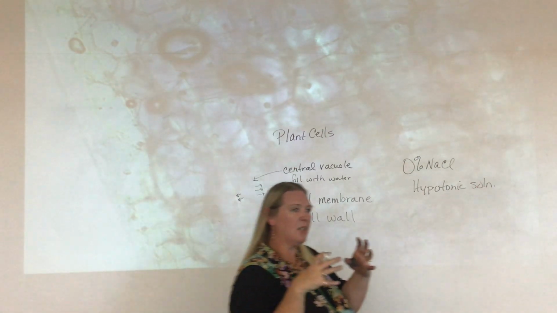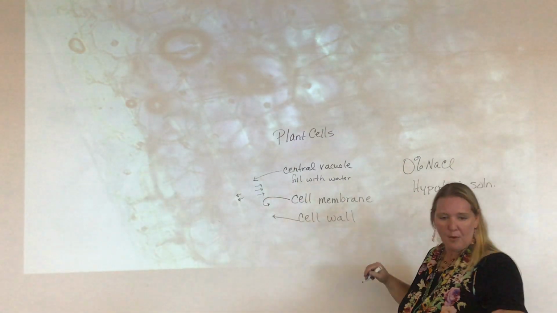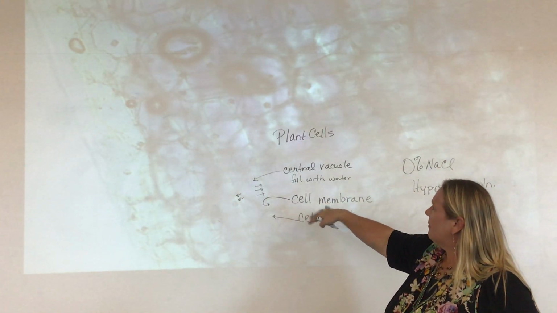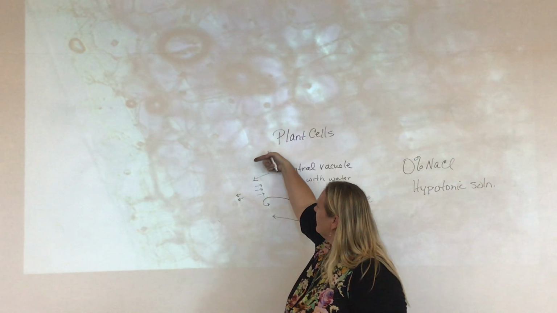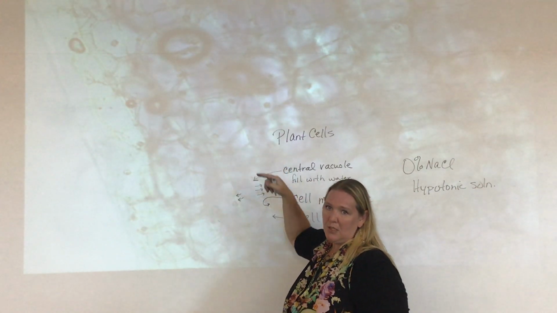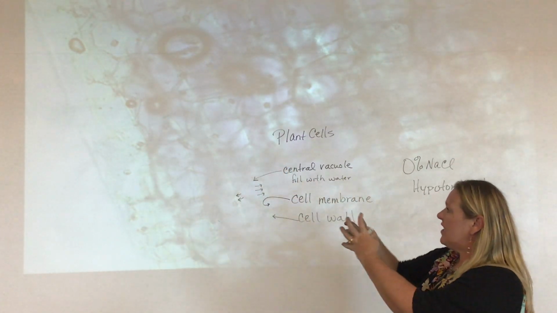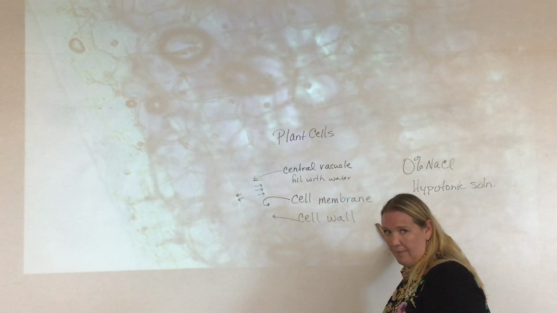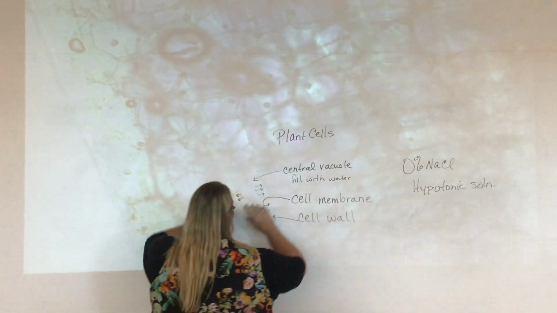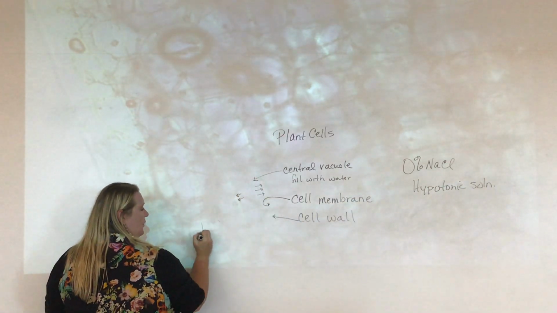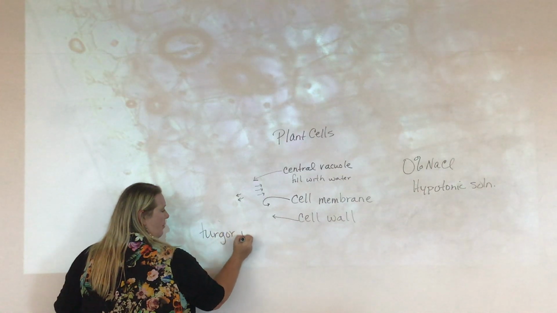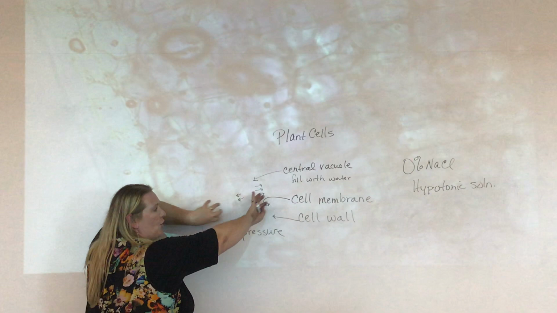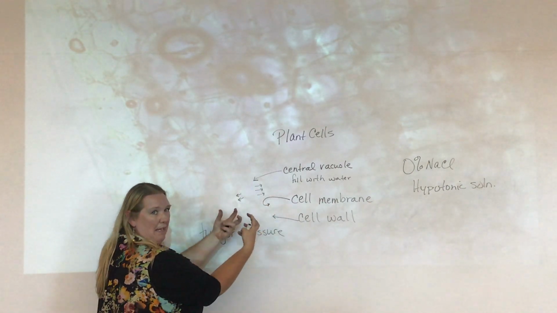It might expand a little bit, and if we had maybe one more power, a little bit more magnification, we may be able to see some of the plasmodesmata, some of the pores in between. But it's going to fill up and push and put pressure against that cell wall. That pressure is called turgor pressure, the pressure exerted on the cell wall from the inside.